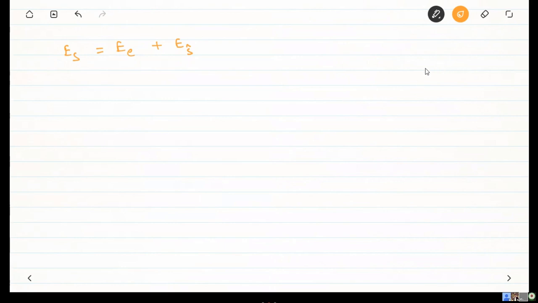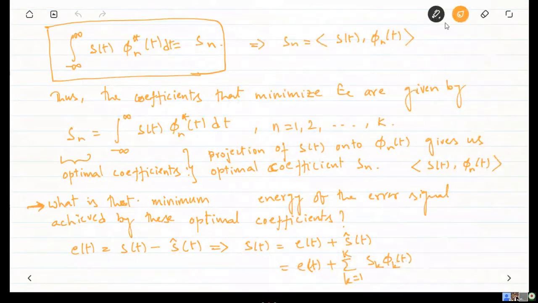Right? So in other words, integral from minus infinity to plus infinity. Okay, so let me, this may be a little bit confusing. So where are we? We are here.